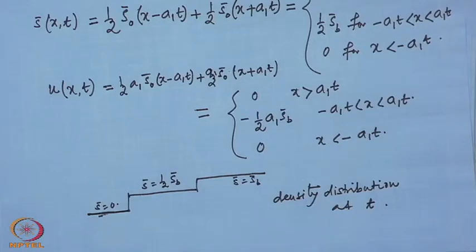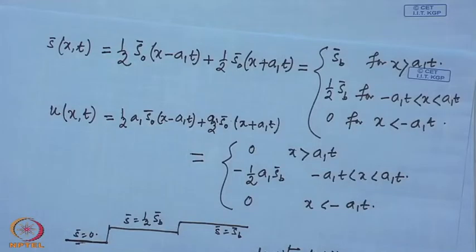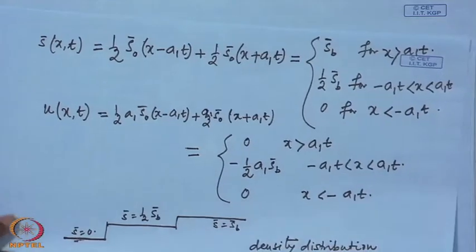That is what we see, that starting from the initial time, an expansion is moving to the right in this case and a compression is moving to the left. So the density on the left part is gradually increasing and on the right it is decreasing.